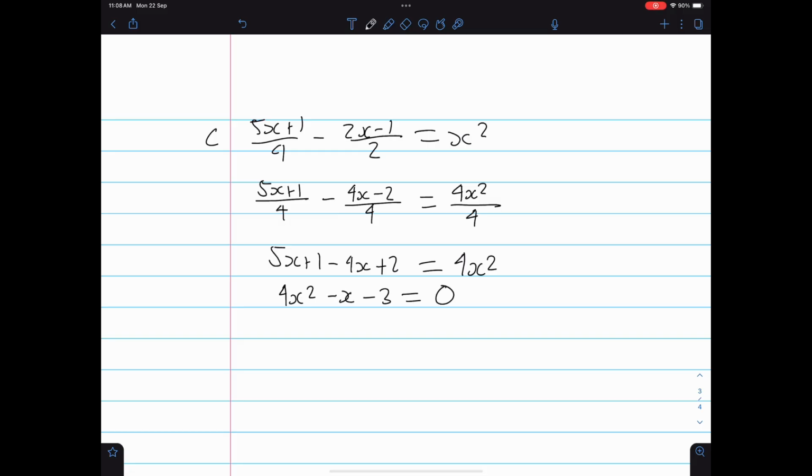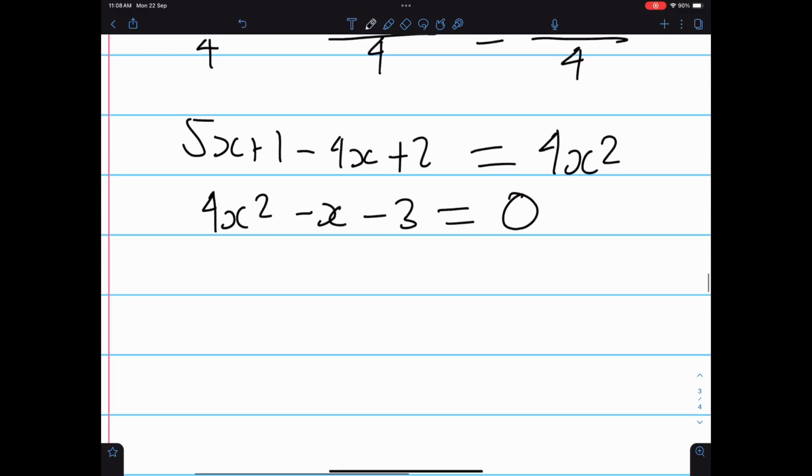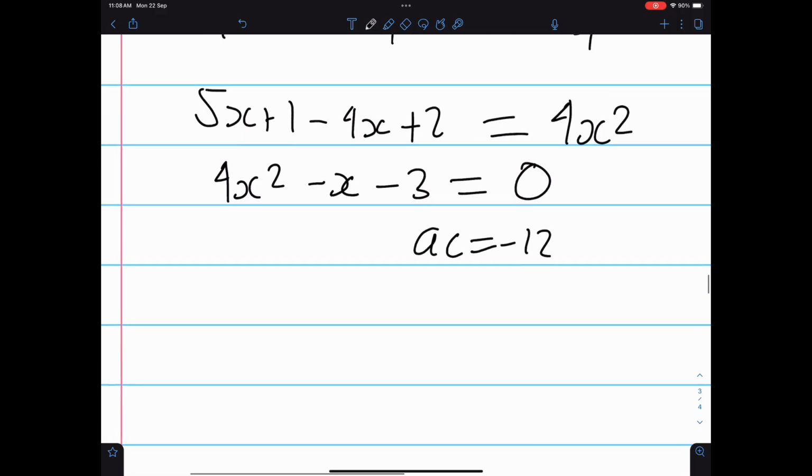And so we get something like this. And now we will do our AC equals minus 12, and then find numbers that multiply to negative 12 and add to minus 1. So that will be this.